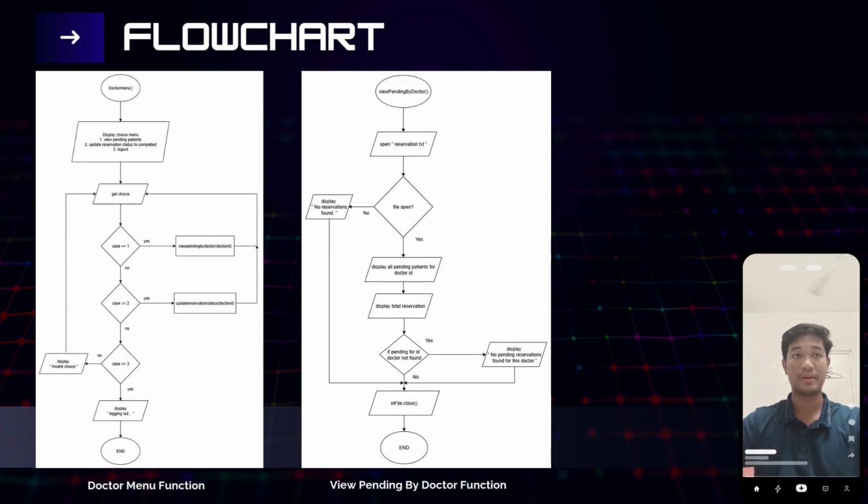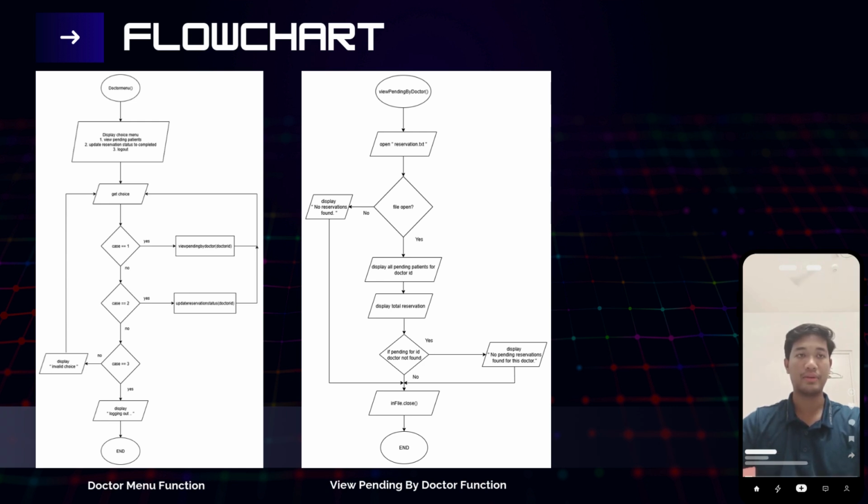Next is the doctor menu function. It will display the choice menu. First choice is view pending patients. Second choice is update reservation status to complete, and third choice is logout. And then the user must input the choice. If the user inputs number 1, it will proceed to the view pending by doctor function.